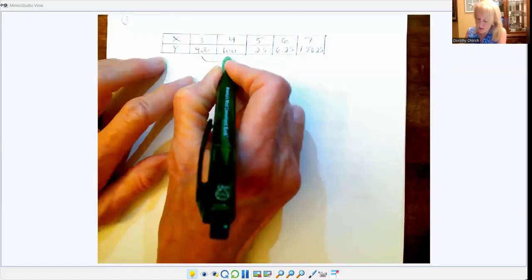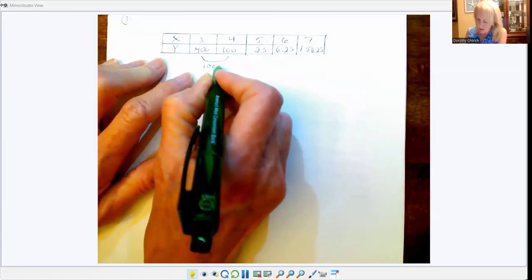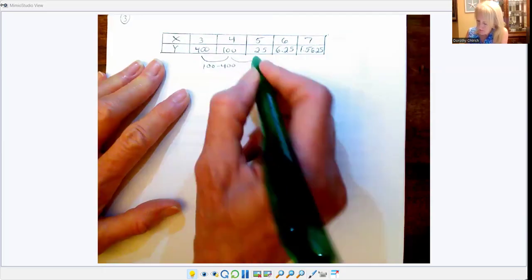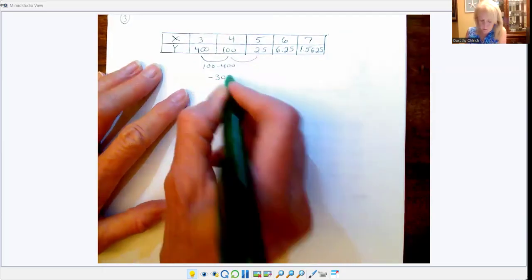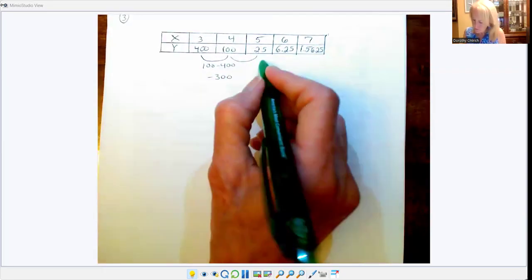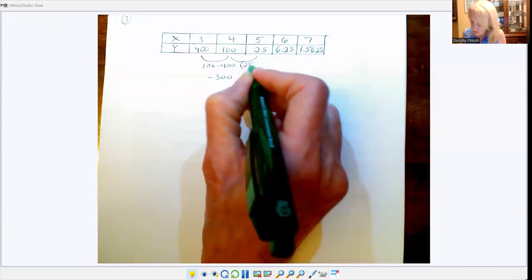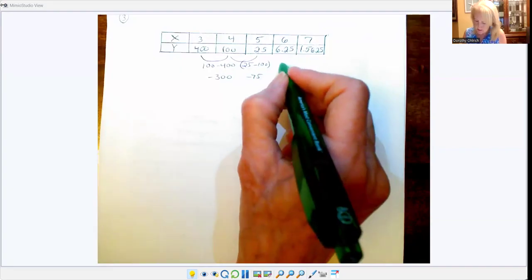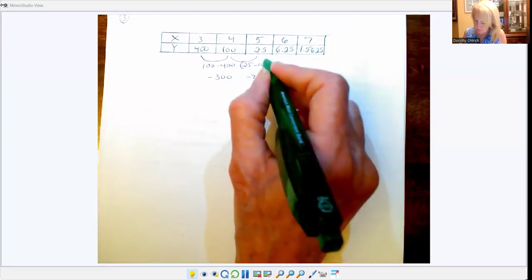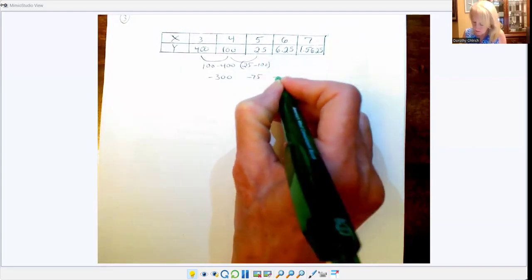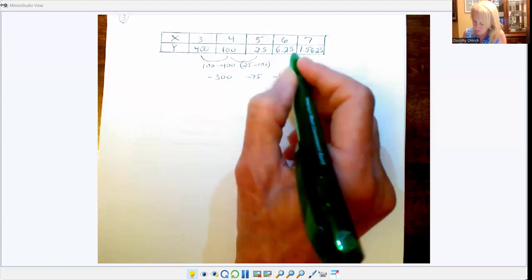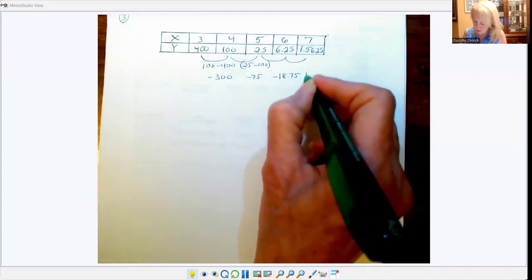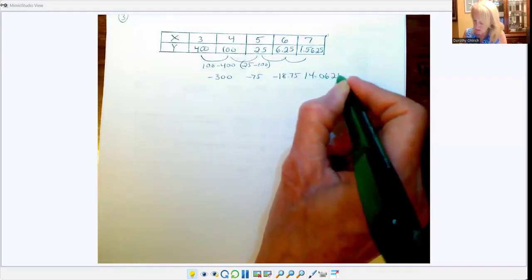So looking at the differences, 100 minus 400, remember we subtracted, is -300. 25 minus 100 is -75. 6.25 minus 25 is -18.75. And this minus this is 14.0625.